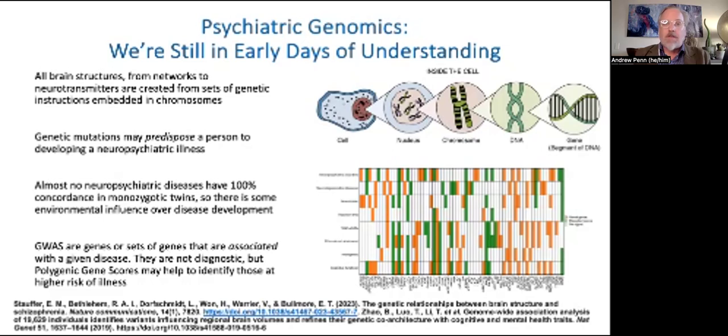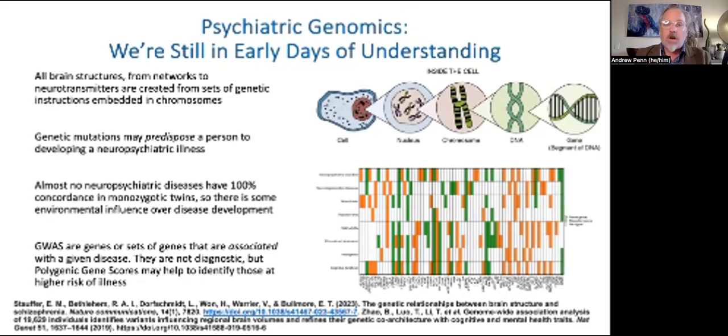The closest thing we have to that, which is kind of a psychiatry adjacent disease, would be Huntington's disease, which is usually treated more by neurology, but people can have psychosis-like symptoms with Huntington's disease. That is a single gene illness. So if you have that gene, or if you have an identical twin who has Huntington's disease, you will have that illness.